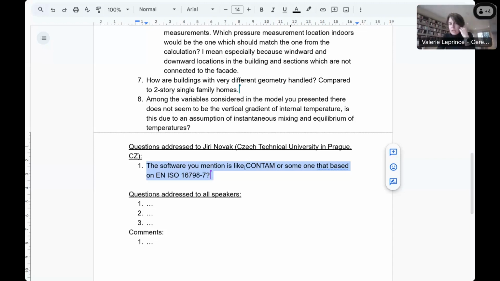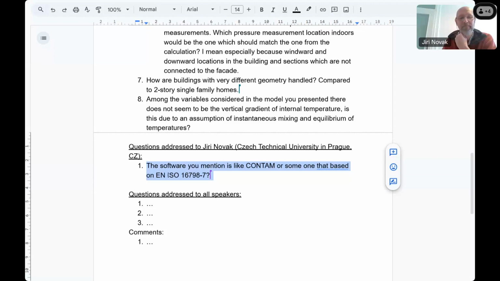Yes, it works like CONTAM, but it's not directly CONTAM that is used in the calculation software. It's implemented in a more general software that does the full energy calculation, right? Yes, thank you. Okay, thank you.